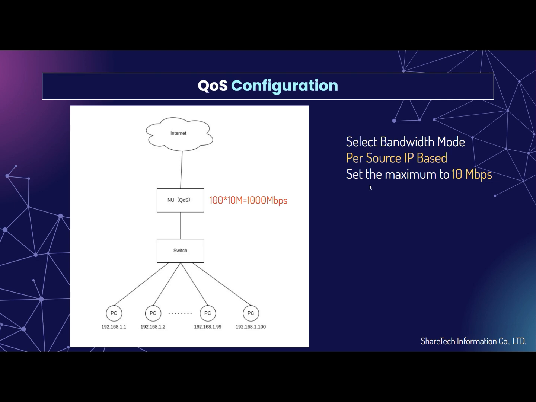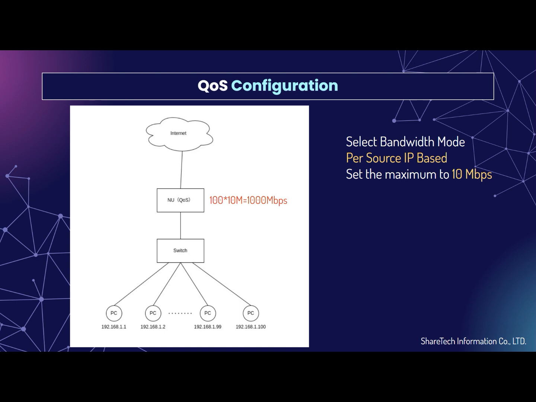With a maximum of 100 IPs using it simultaneously, then 100 multiplied by 10 megabits equals 1000 megabits, which is exactly 1 gigabit.